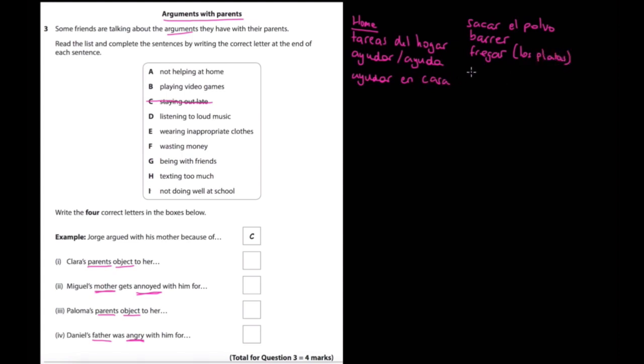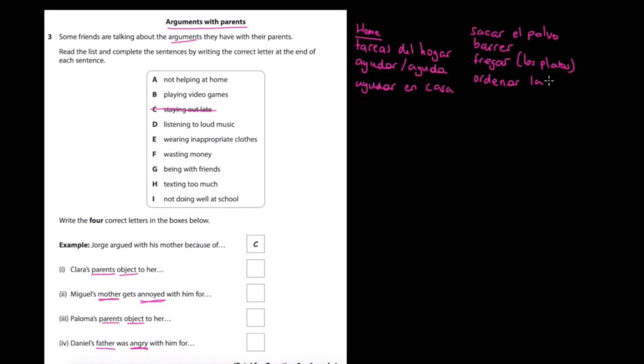We've got ordenar, to tidy up, and things like la habitación, the bedroom. We've got other things like pasar la aspiradora. Okay, of course, you're not going to have as much time as me right now. I know that. But all of these, even if you can't write it all down, need to be sort of going through your mind. Okay, what things might I hear?